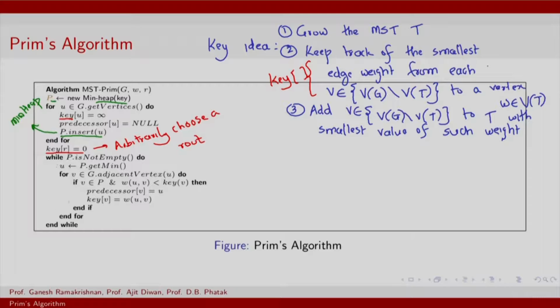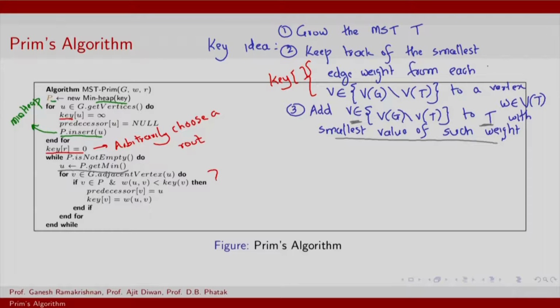So now you iterate over this min heap, get the smallest element from the min heap, and that corresponds to step number 3, add vertex V to T with the smallest value of such a weight, and that is exactly what we do here. Once we have identified the next node to add, and initially you will actually add root R, you are also going to update the key values for vertices that are adjacent to it.